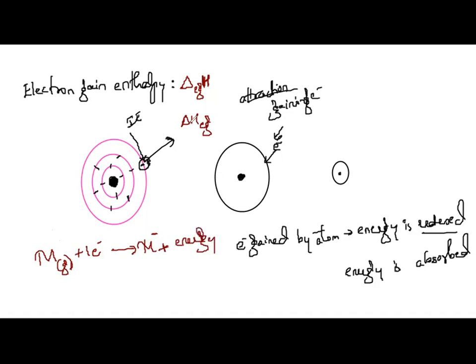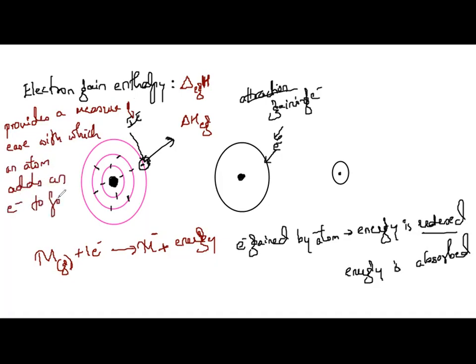So what does electron gain enthalpy tell us? This electron gain enthalpy provides a measure of the ease with which an atom adds an electron to form an ion, that is a negatively charged ion.